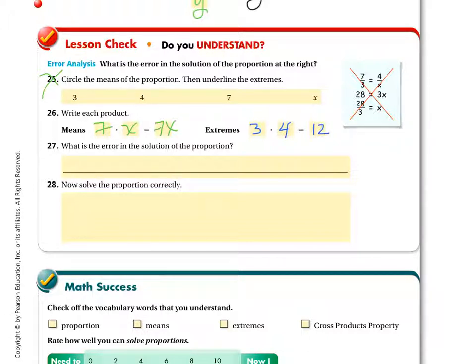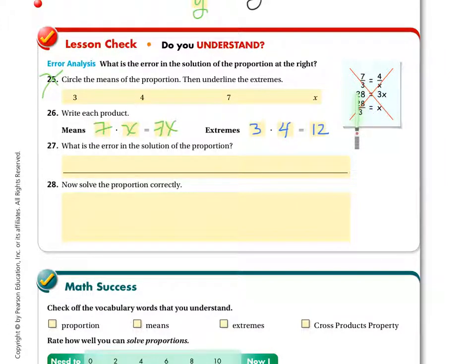So what did they do wrong? Yeah, they didn't use cross products, did they? So these right here, the 28 and the 3x, didn't they multiply horizontally? They multiplied the 7 and the 4 together, and they multiplied the 3 and the x together.